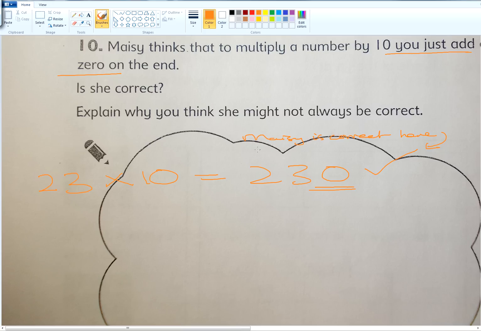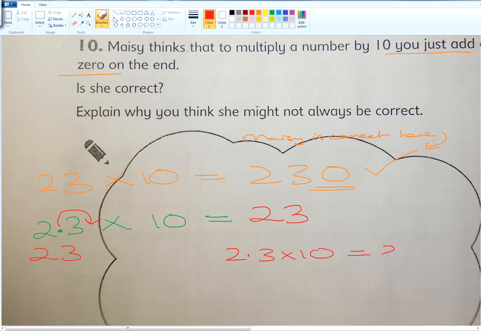Now, explain why you think she might not always be correct. So we're going to now give examples where she's wrong. Let's change color now. Let's go for green. Let's pick 2.3 times that by 10. If you multiply that by 10, what do we get? 23. We have to get the decimal point and move it one place to the right. So 2.3 times by 10 gives us an answer of 23. She said 2.3 times by 10 is equal to 2.30.